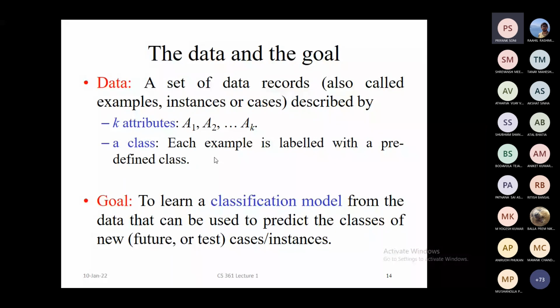Let's say you have an apple classifier or detection mechanism, and a set of images of apples has been given. When a new image of an apple is given at the time of testing, how accurately will your classifier say, okay, this is an apple, based on the prior learning?